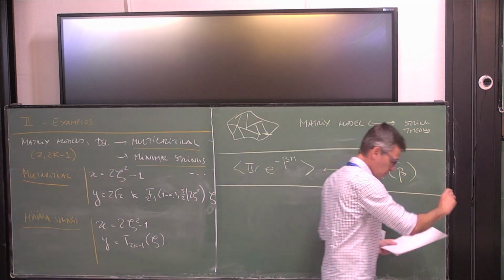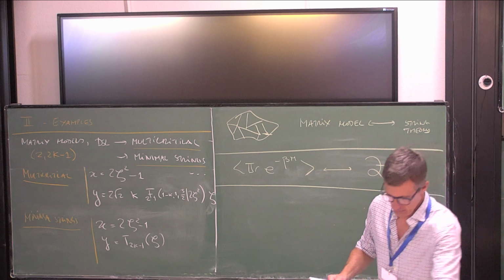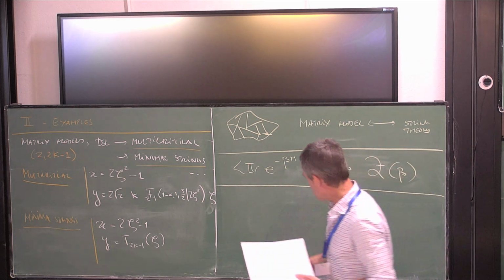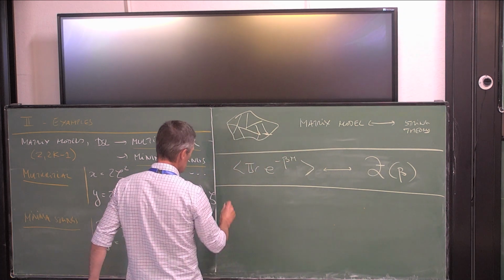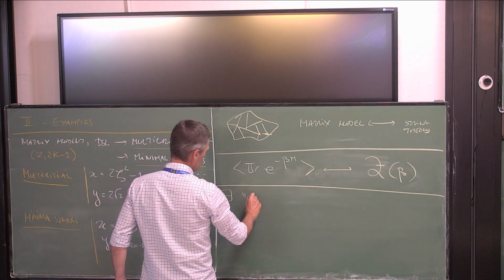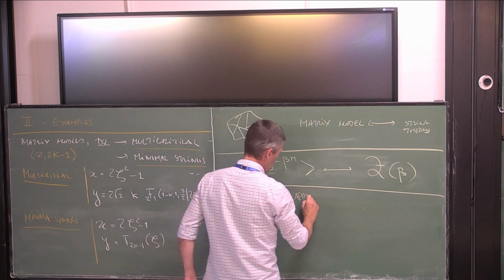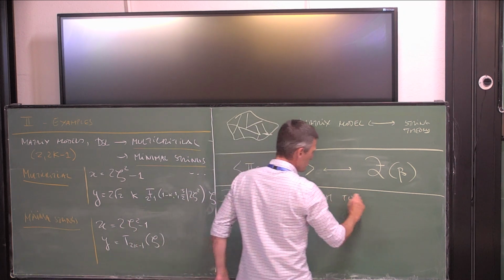Okay, so this is just two comments, and I'll jump this so that we can come to the end. So let me just write it in words. There is a quote-unquote classical approach to open-closed duality.